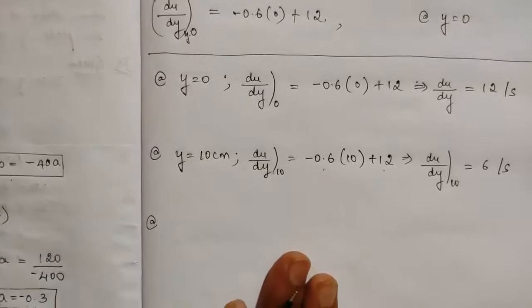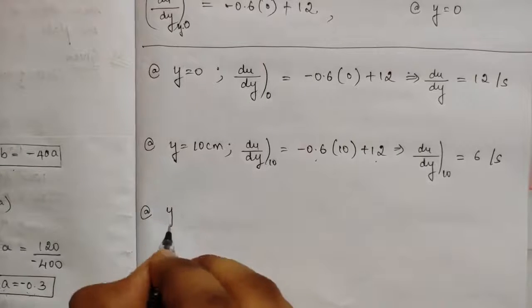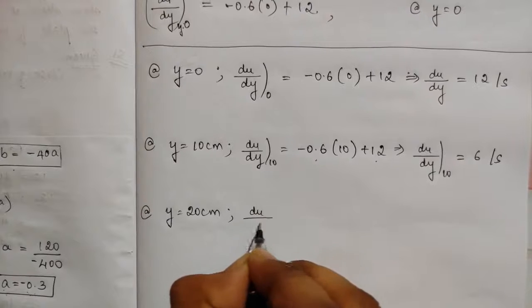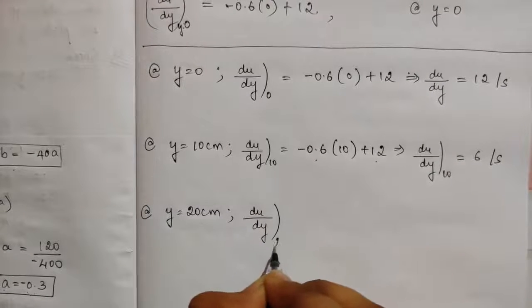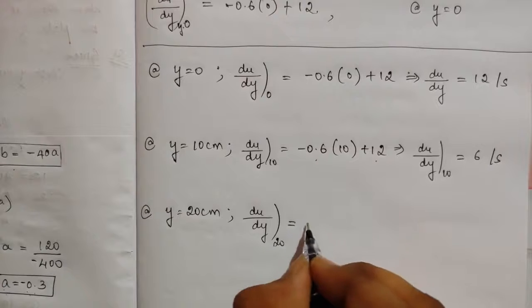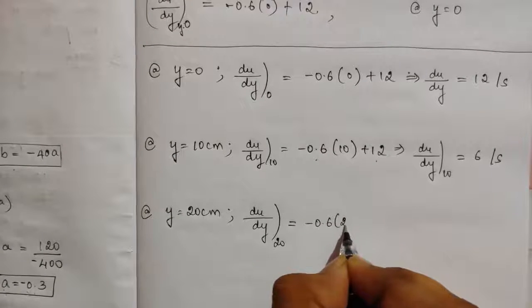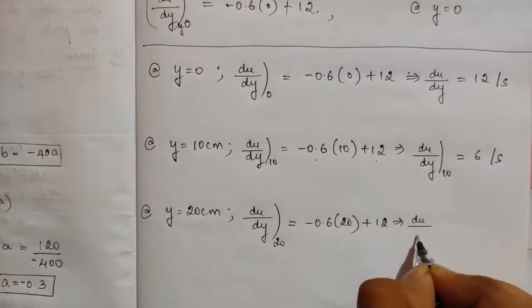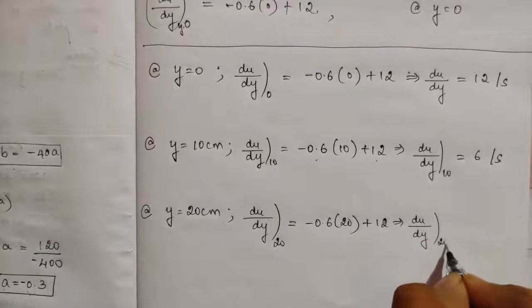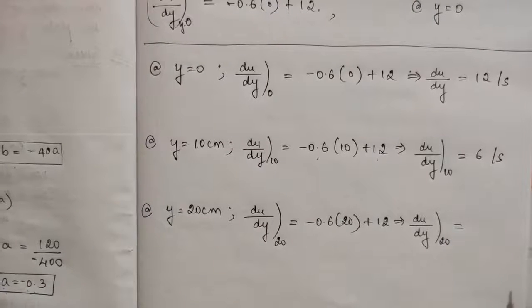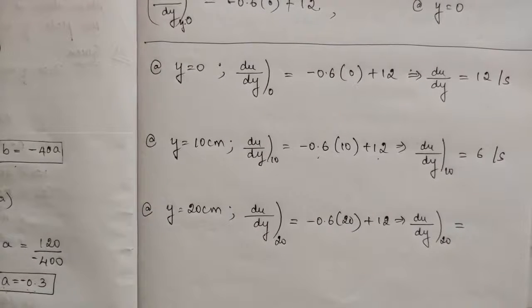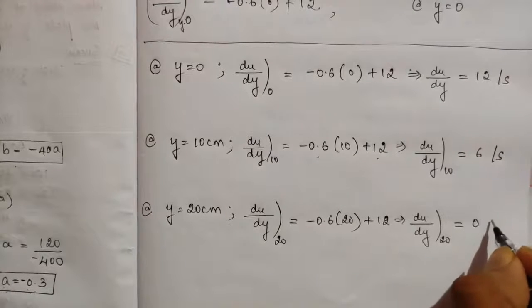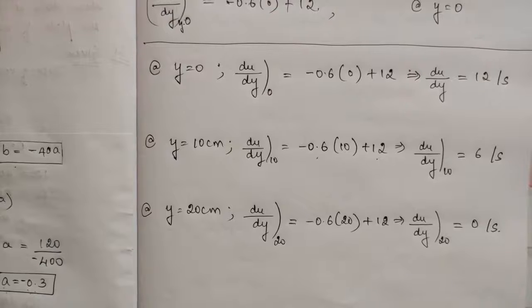Similarly, at y is equal to 20 centimeter, du by dy at 20 would be 0.6 into 20 plus 12, that is minus 12 plus 12, which is 0 per second.